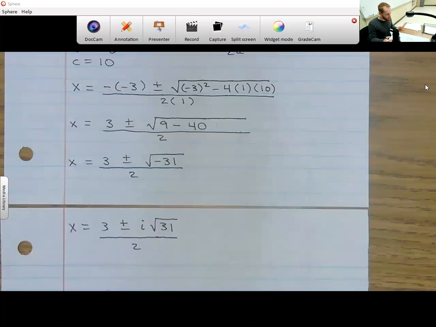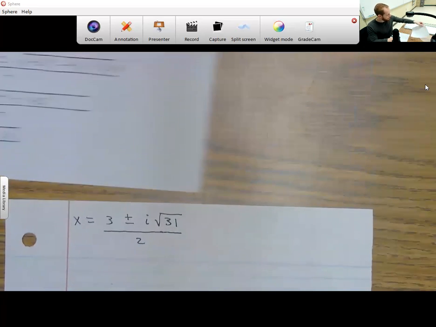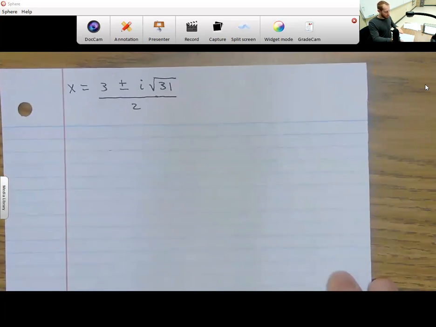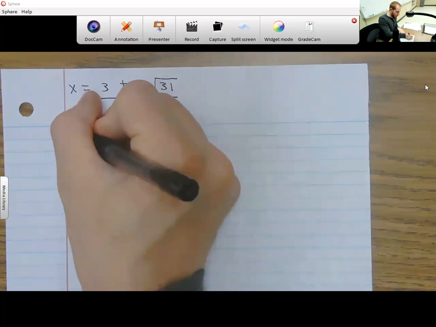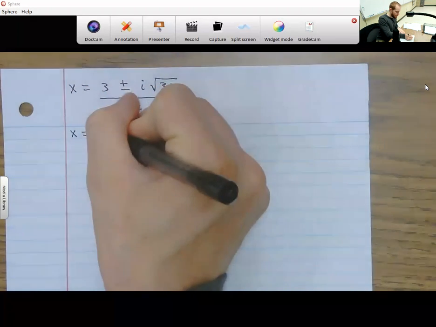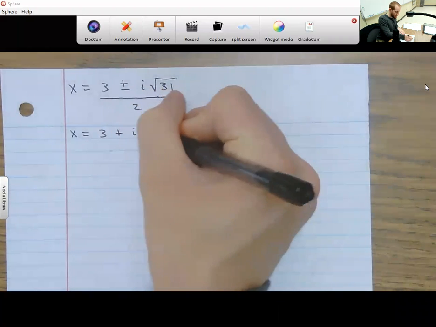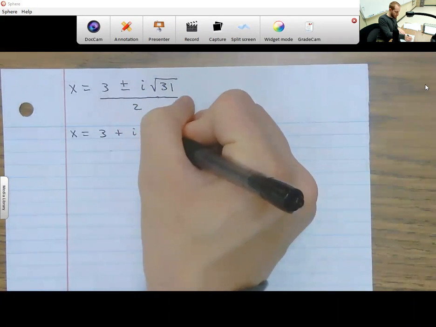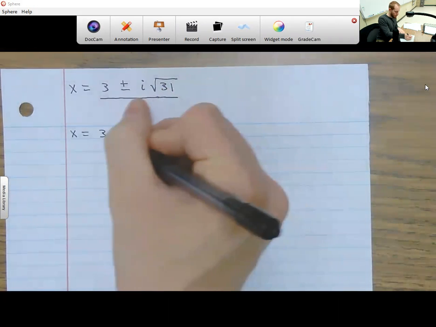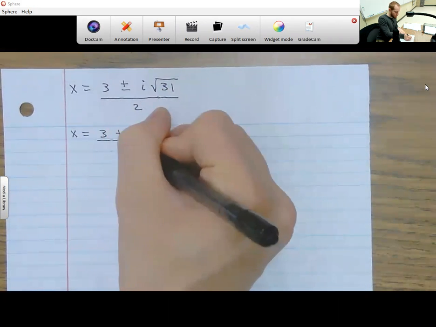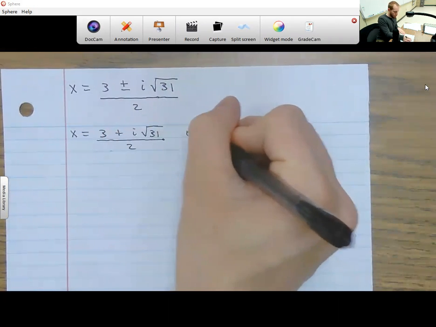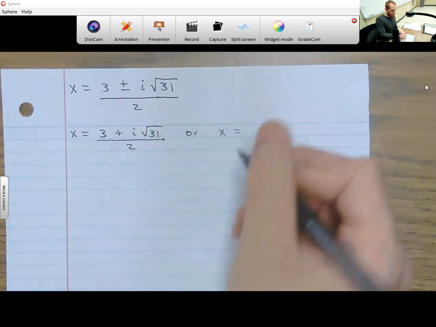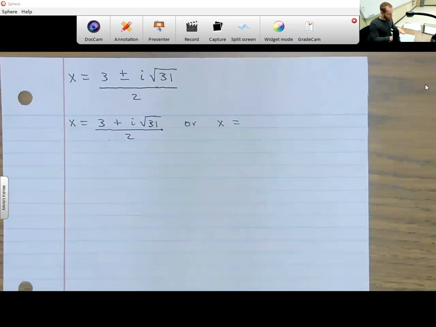So we're going to have two different answers. We could use a plus or we could use a minus, right? So if I use a plus, what am I going to get? I'm going to get 3 plus I times the square root of 31, where everything is divided by 2. Or I could use a minus, right?